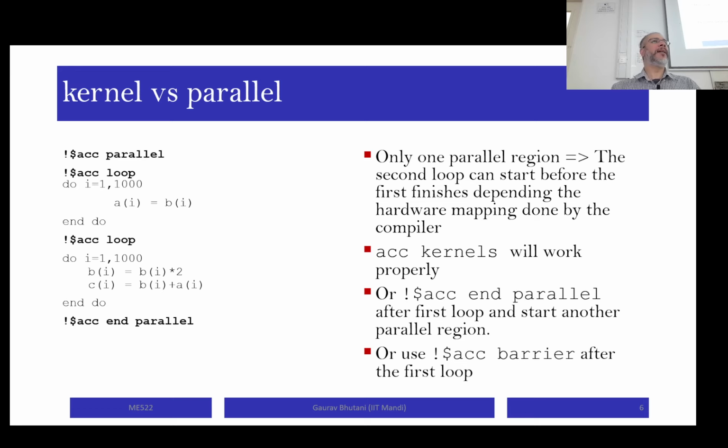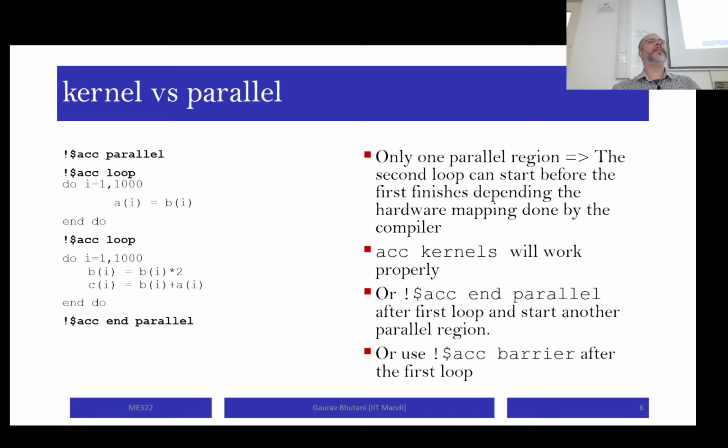The intent was that you want to execute this in parallel, but once this is done, you want to synchronize all the threads, or wait here until this loop is finished, and then parallelize this. For that, you have to put an ACC end parallel here. When that ACC parallel is finished, all the threads are joined again, and then you create new threads once this first execution is completed.